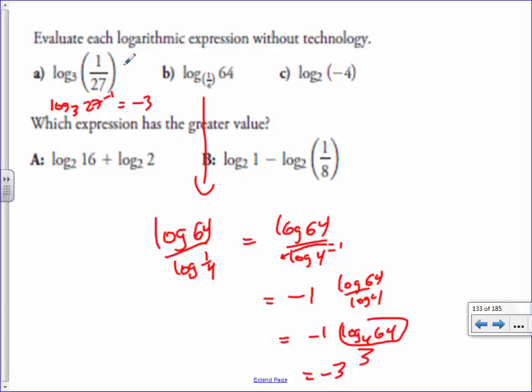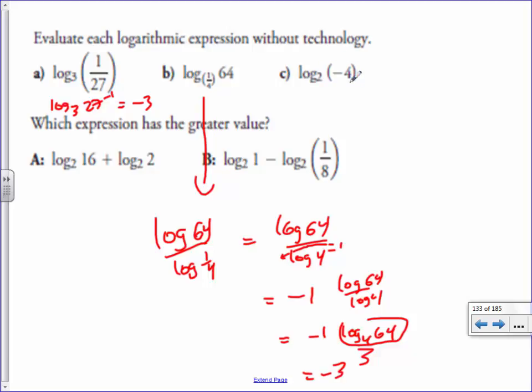Like in the same way, you know how this fraction right here made that guy a negative number? This fraction right here just does the same thing. It just makes your answer a negative number, that's all. Someone try it in a calculator. Type in log 64 divided by log 1/4. So you'll get -3.